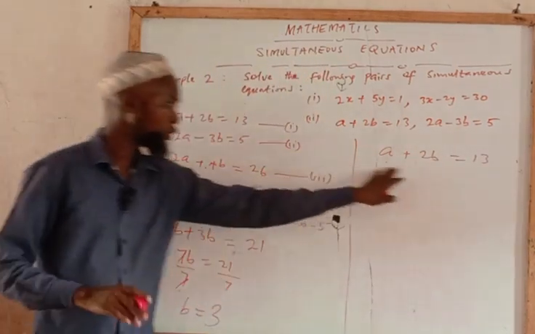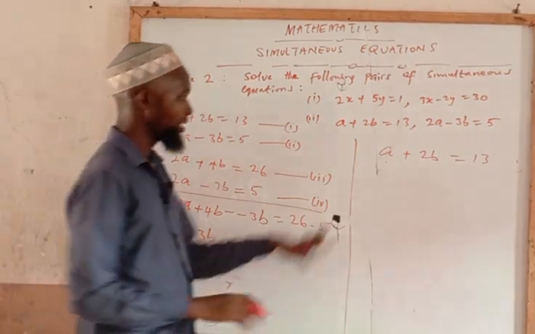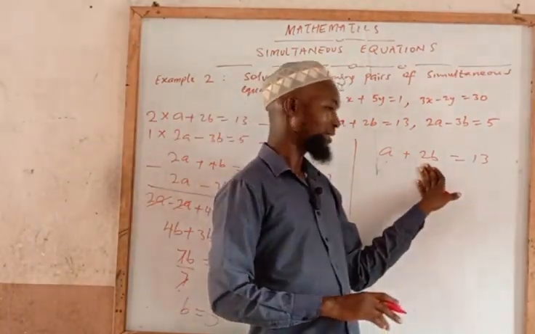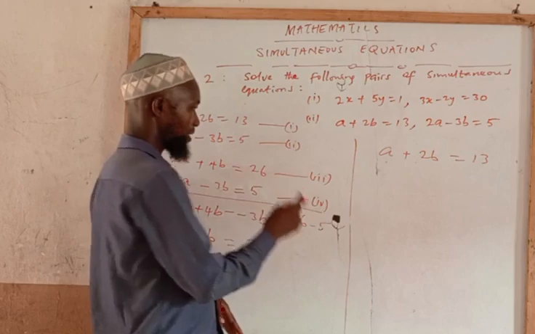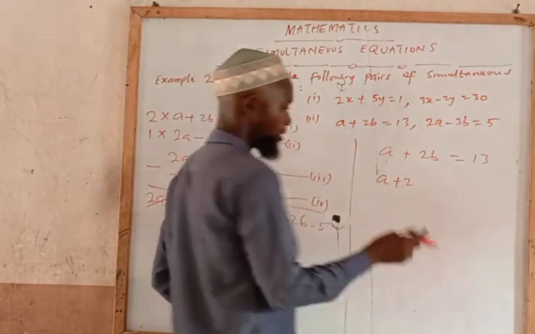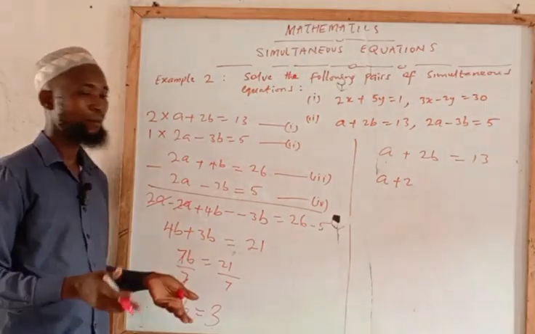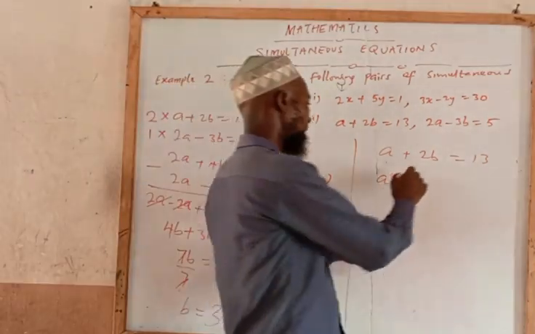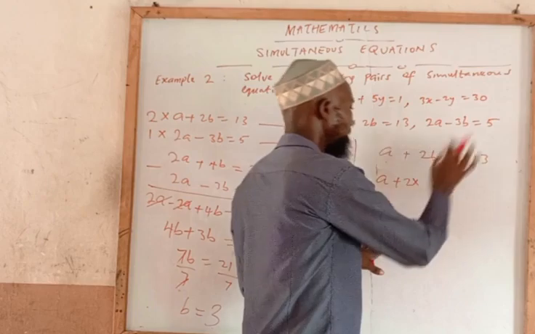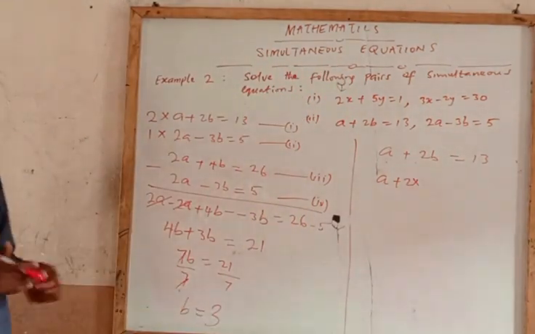Now in this new equation, the value of b I obtained there is what I will put anywhere I see b, right? So that now becomes a plus 2b. 2b, as far as algebra is concerned, means 2 multiplied by b. So we are now going to treat it as 2 times the value of b we obtained, which we can see is 3.